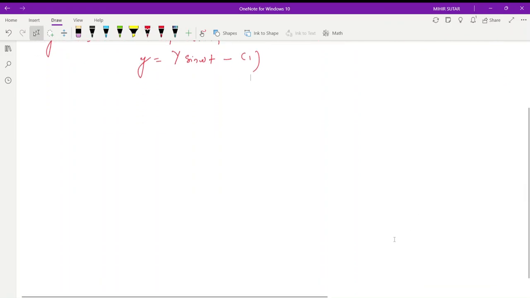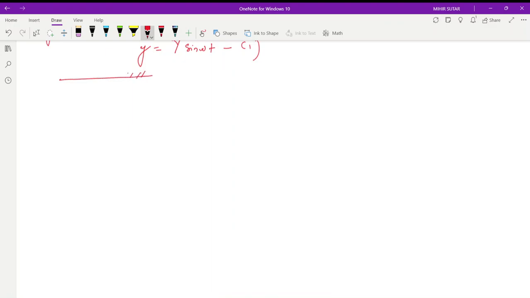Now consider our system. Let's say we have a rigid support here. To the rigid support is attached a spring having stiffness K, a damper having damping coefficient C. At the end, we have a mass M attached to them.